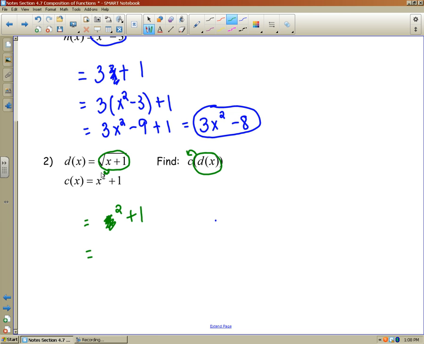We're going to substitute in the square root of x plus 1. Square it, plus 1 from here. The square root of x plus 1 times the square root of x plus 1 is just x plus 1, plus this 1, equals x plus 2.